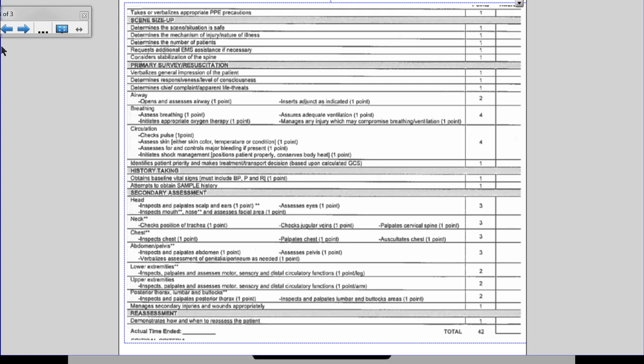So if we can transport now, we're going to, and we would like a set of vital signs. So let's get a set of vital signs. And we could have got that right after we did our primary survey, but it's perfectly fine to do a rapid secondary and then get your vital signs.